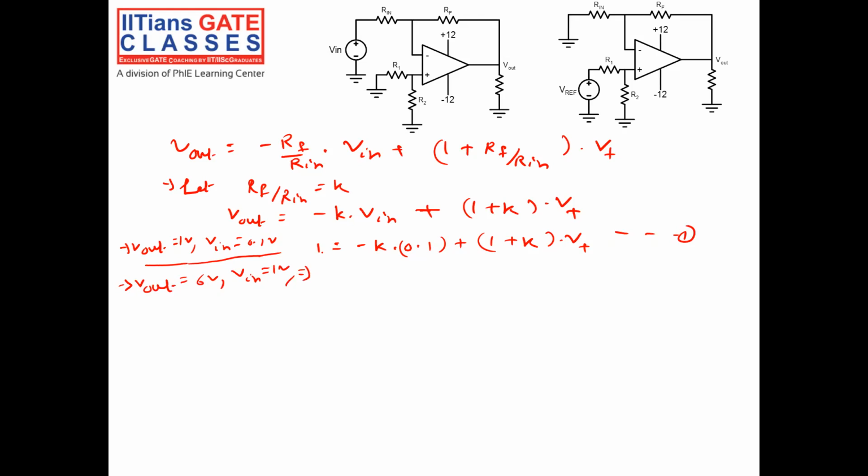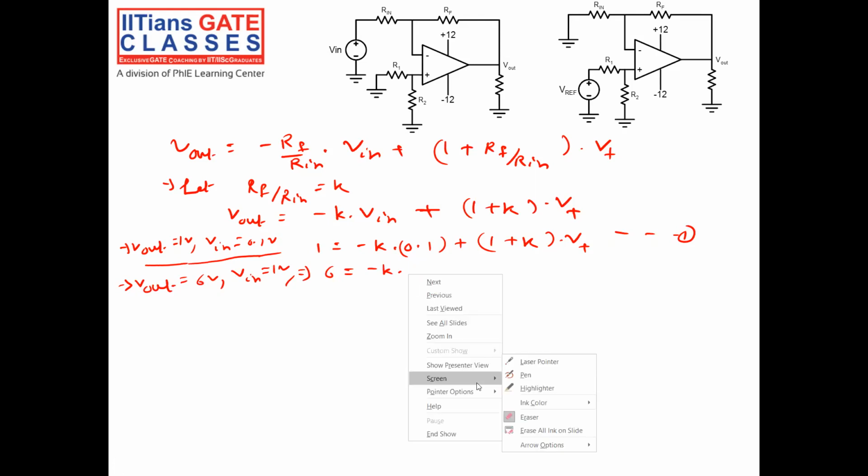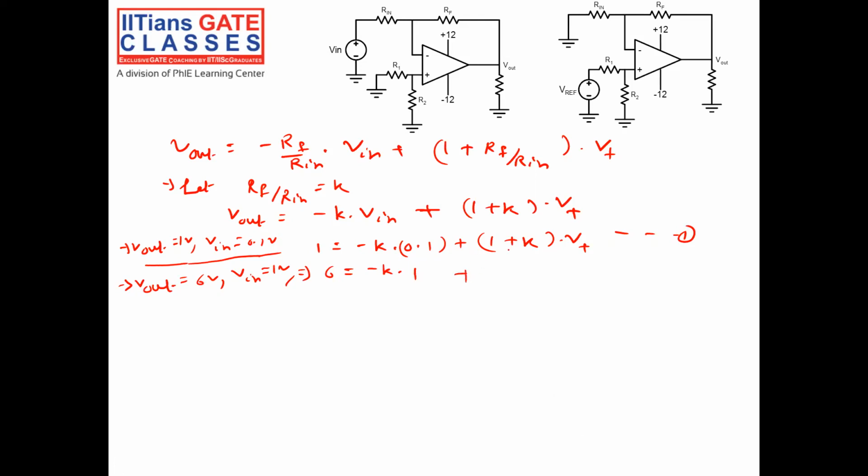This implies 6 volt is equal to minus K into 1, since V in is equal to 1 volt, plus 1 plus K into V positive. This is equation 2. Now do equation 2 minus equation 1.